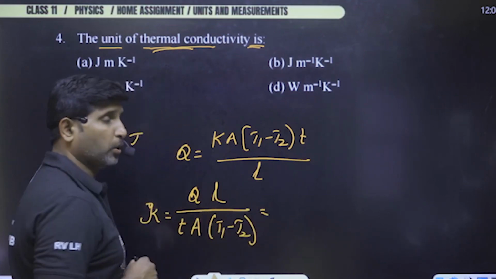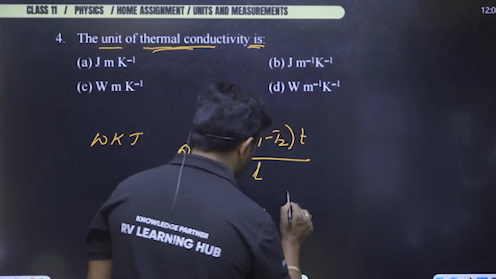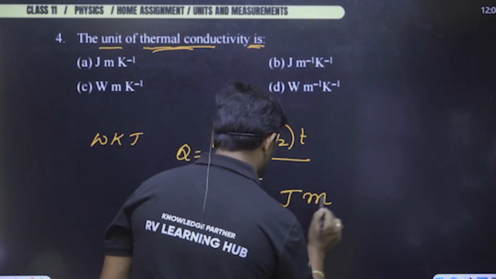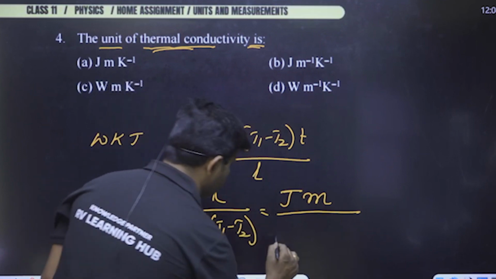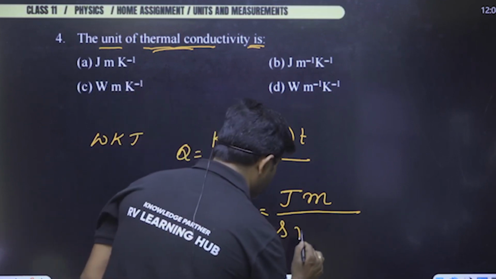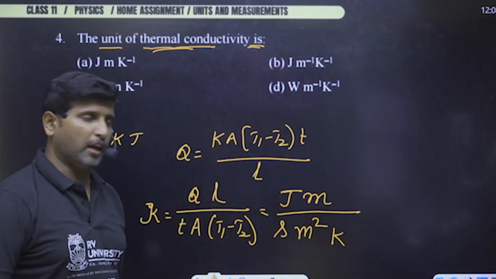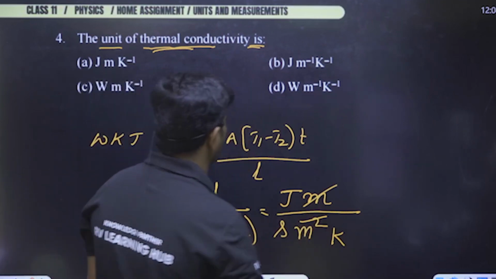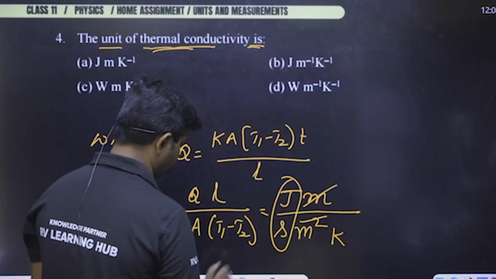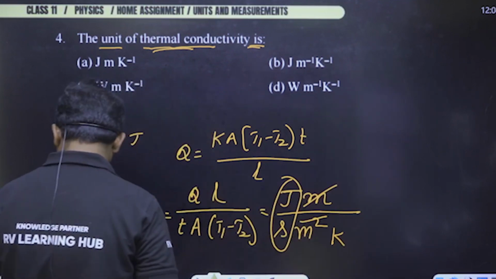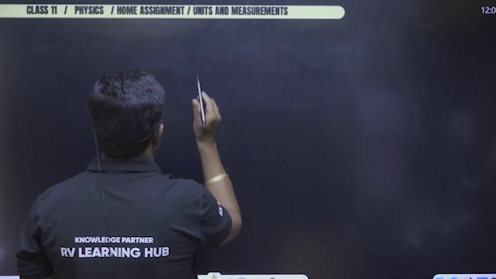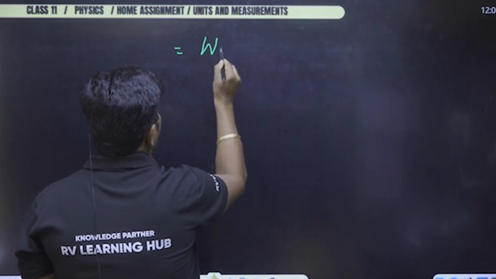So what is Q? Q is nothing but heat energy, which is measured in joule here. Length is measured in meter, time is measured in second, area is measured in meter square, and temperature is measured in Kelvin. So if you substitute these values, we get joule per second. Joule per second can be written as watt.